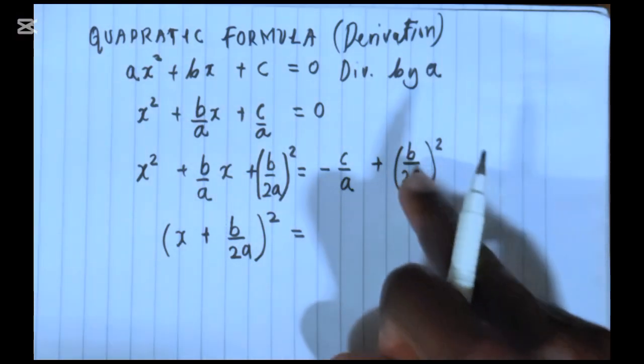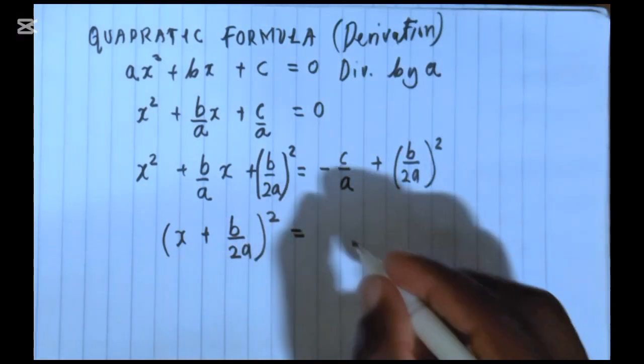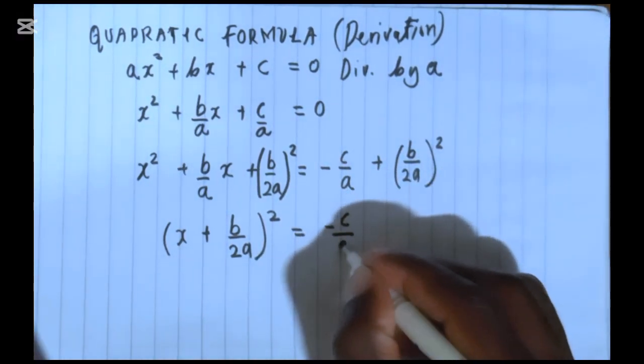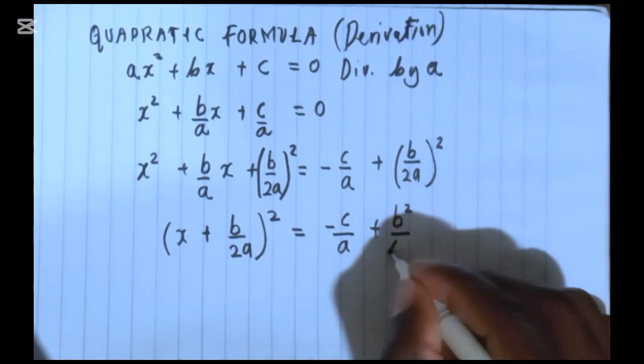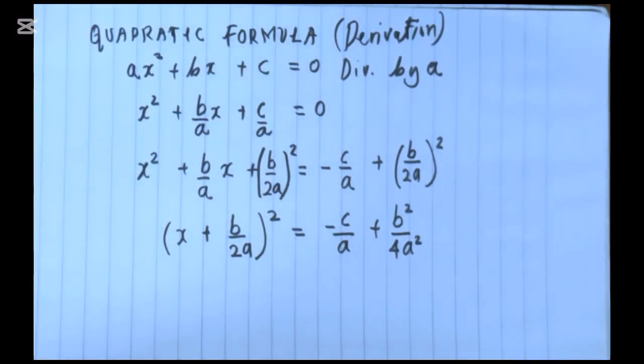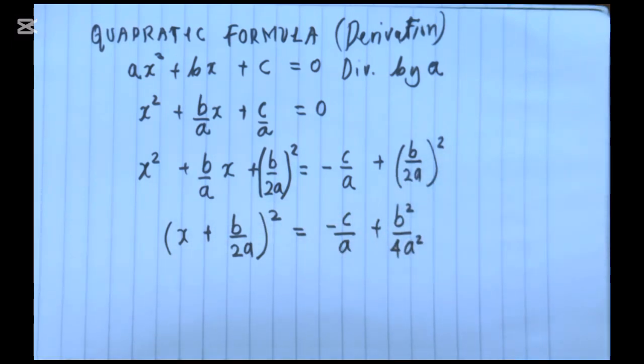So notice b all over 2a squared will give us negative c over a plus b squared all over 4a squared. So basically, we are going to square all the terms in that bracket.